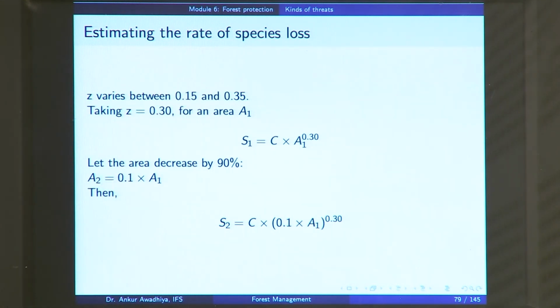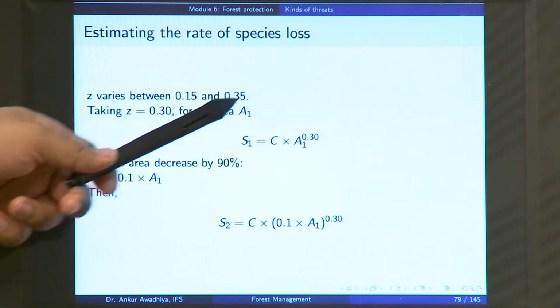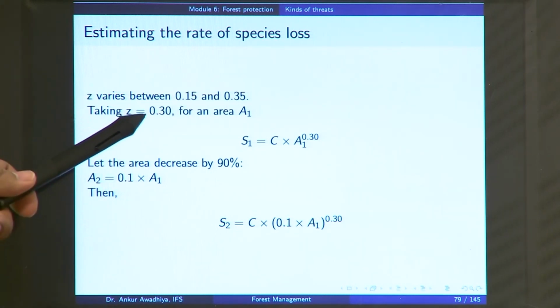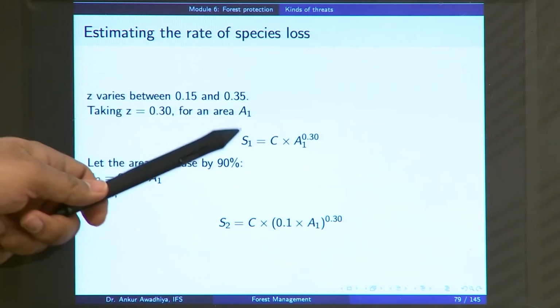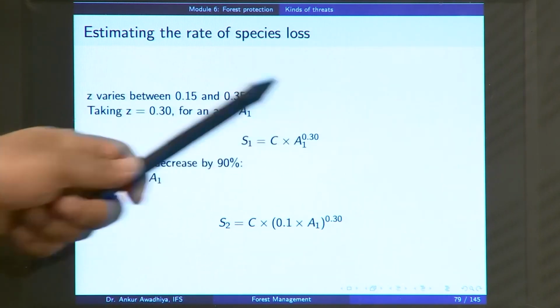This is a reading that we are getting from the natural systems, and if we take a midpoint, or let us take the larger point, z is equal to 0.3, then for an area of A1 you have S1 is equal to C into A1 to the power 0.3.